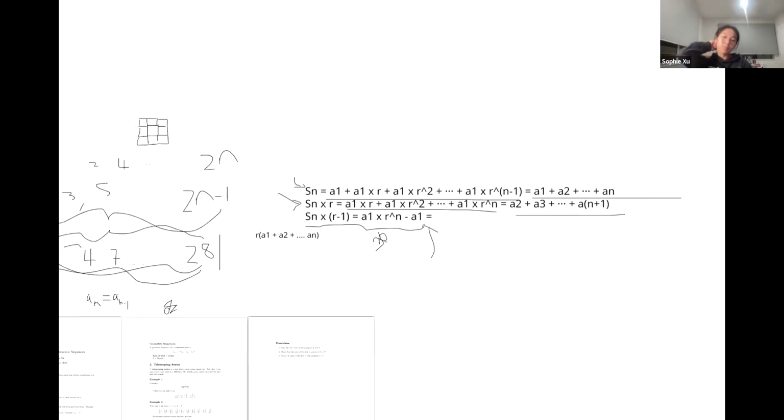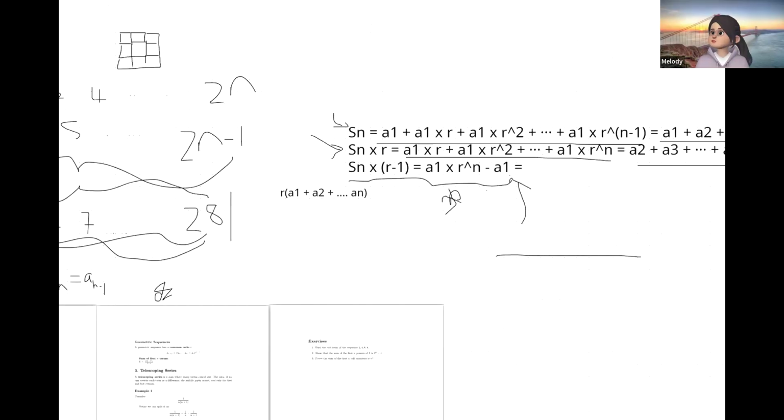Just divide by it, so basically it just turns into that thing.